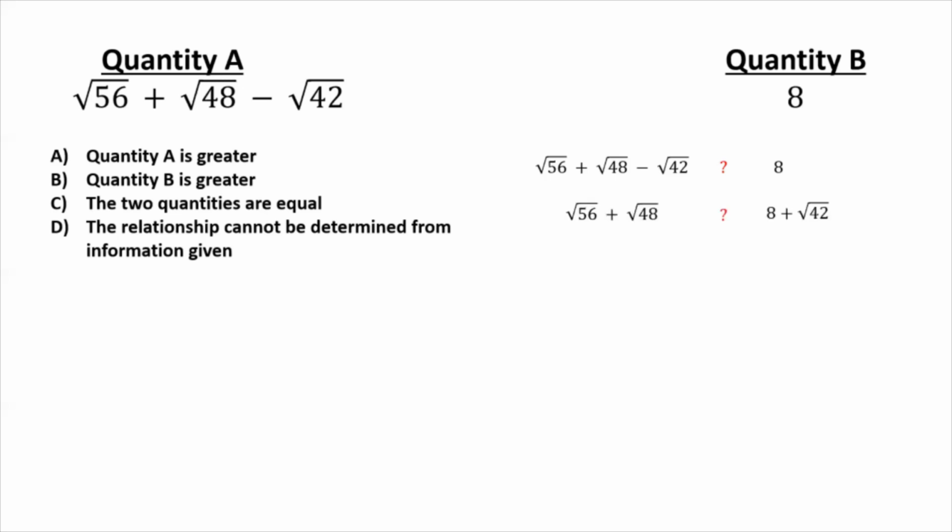It will become 8 plus root 42, right? We still keep the question mark because the relationship between the two quantities is still not apparent, right? What we have. So we have on the one hand root 56 plus root 48 now, and on the other hand we have 8 plus root 42.